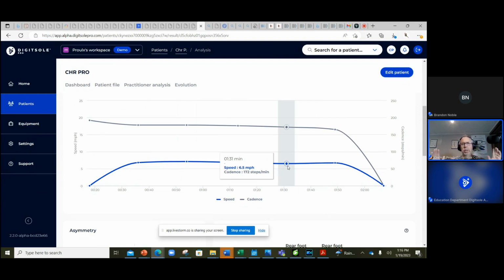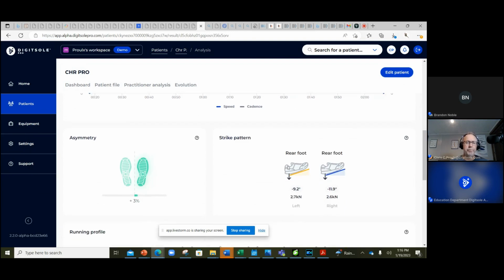But the longer you do this, so it's interesting, over an entire 5 kilometers, I can literally look at every 15 seconds, right? So we can pick out some of these moments in time. And so if someone tells me that at approximately 10 minutes into their training or into their run, they start to experience knee pain or foot pain, we can actually look that up, and we can see some of the changes that occurred as a result of that.